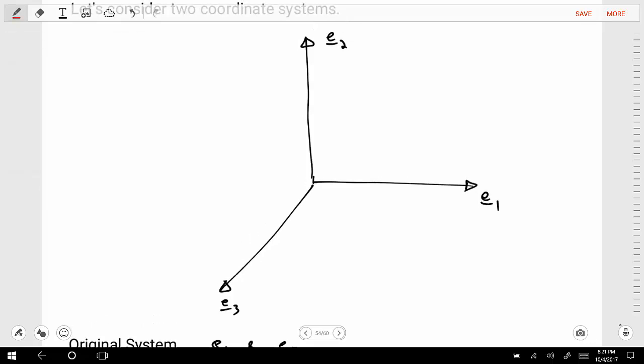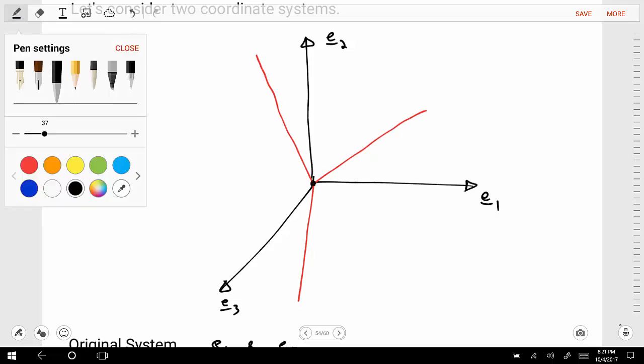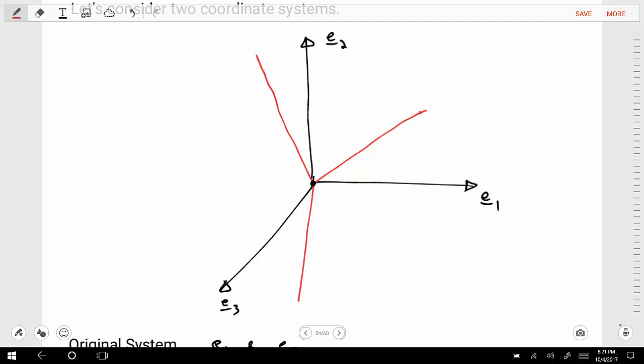And let's say we introduce another coordinate system whose origin is at the same point. So we're saying that these coordinate systems have the same origin, but their orientation is not the same. The orientation of these orthonormal base vectors is not the same. Right?